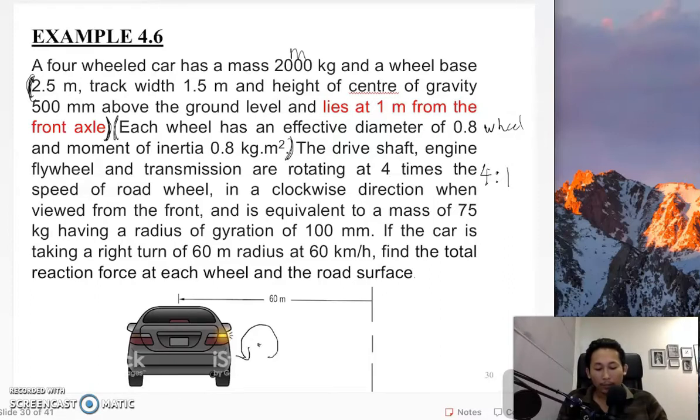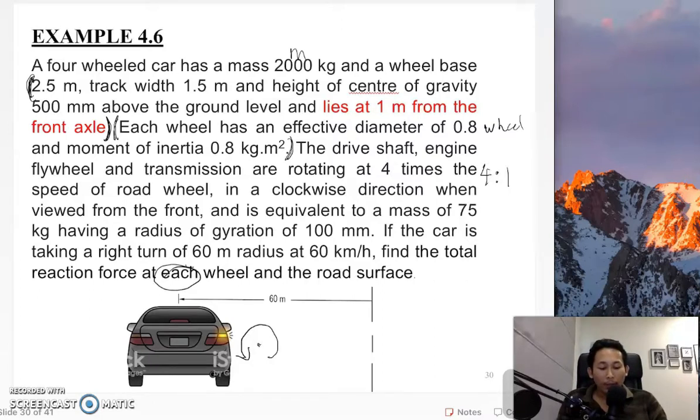It is equivalent to a mass of 75 kg, having a radius of gyration 100 mm. If the car is taking a right turn of 60 meter radius at 60 km per hour, find the total reaction force at each wheel, between each wheel and the road surface.